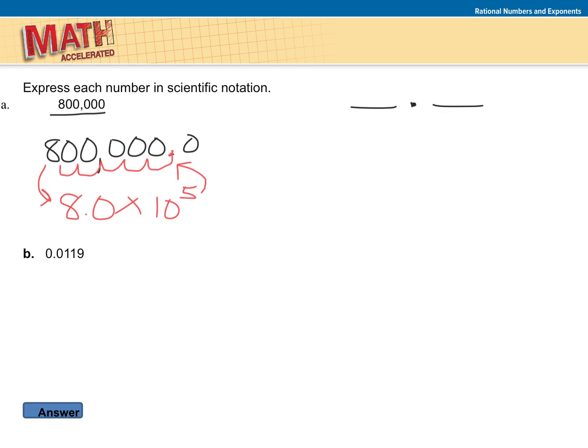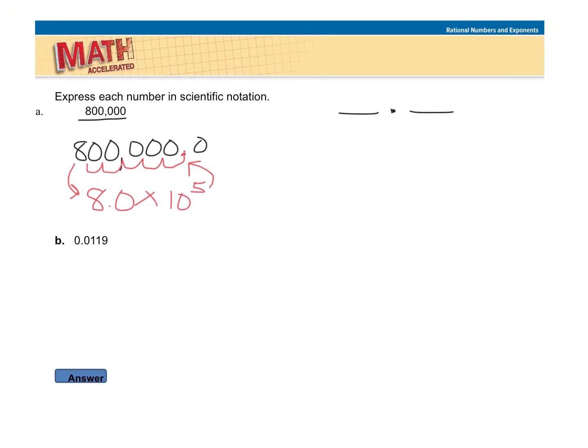Now on B, the number is already a decimal for us, so we can immediately go to this idea. What number goes on the left of the decimal? First whole number. What's our first whole number? 1. And then we have our decimal, and then what goes on the right side? 19. The rest of our whole numbers.